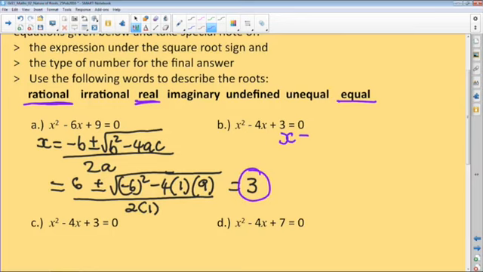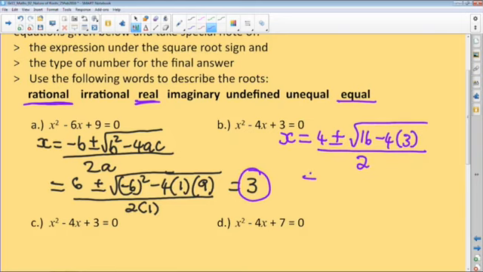So x here for B equals minus b, that's minus minus 4, which is 4, plus or minus the square root of negative 4 times negative 4, that's 16, minus 4a is 1, and c is 3, all over 2 by 1.